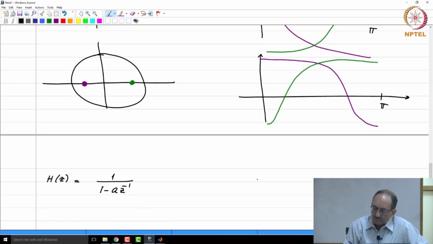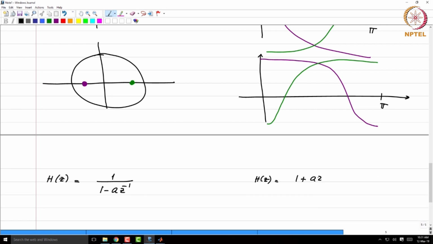On the other hand, if I have H of z to be 1 plus a z inverse, the 0 is at minus a, right. Again I am assuming a is between 0 and 1.